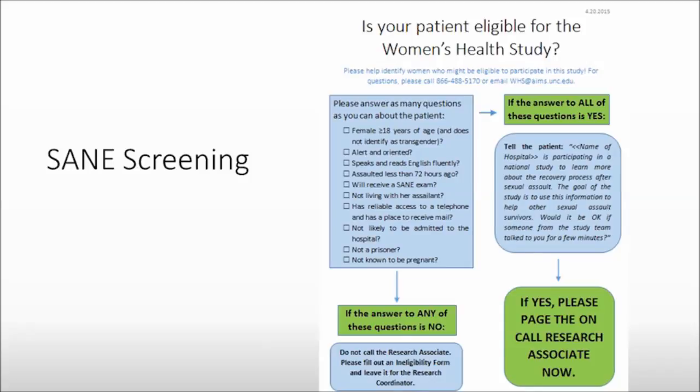And so the various eligibility criteria are in the big blue rectangle box. And you can see on the right-hand side, if you answer yes to all those questions, then the SANE will approach that person. And if an answer to any of those questions is no, they won't call you. And this is just trying to keep you from being called when the person was never going to be eligible in the first place.